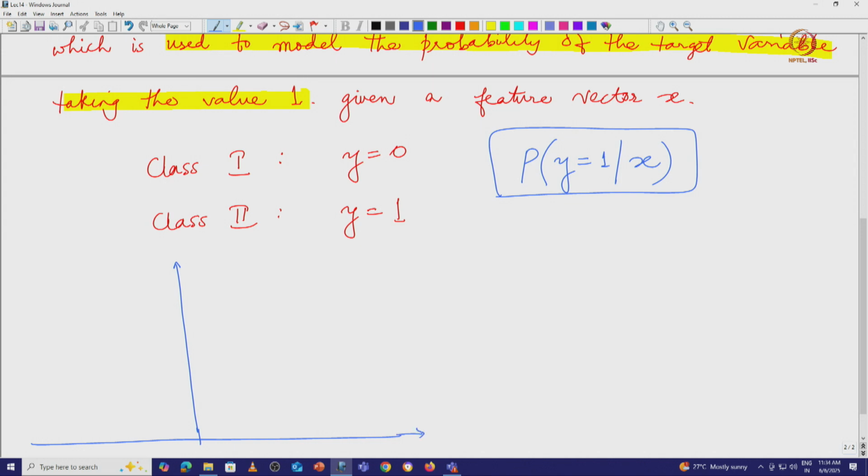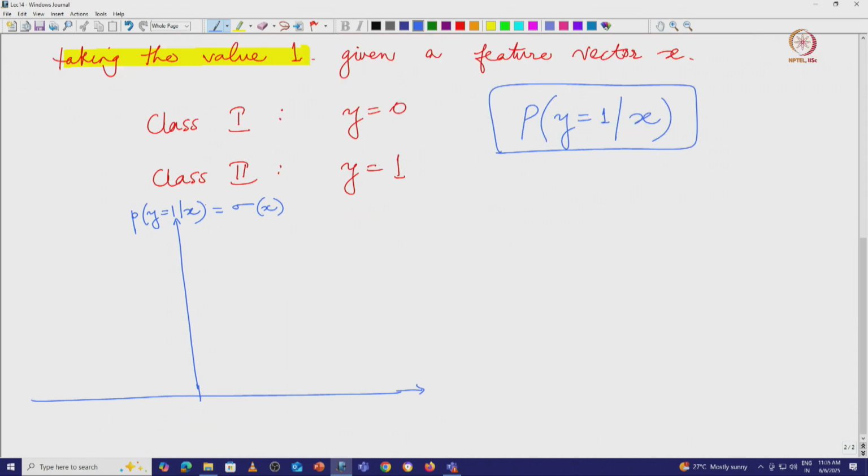What we are plotting here is the probability of y taking the value 1 given x, and this logistic function is sometimes denoted as sigma of x. On the x axis here we have (x minus alpha) by gamma. This was the argument of the logistic function. This is 0 here and this is 1 here.